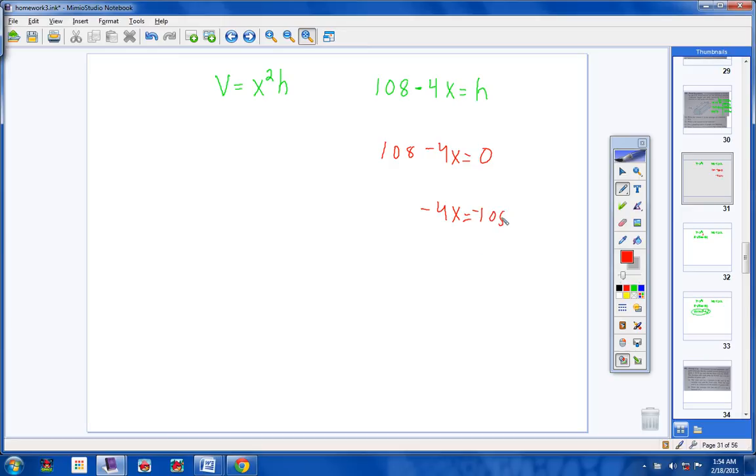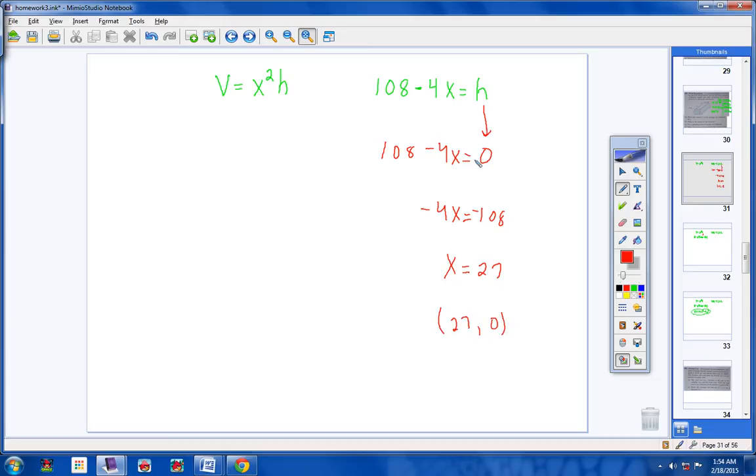Then divide both sides by negative 4, and I get 27. Now here's what that tells me, and please listen to me carefully, students. It tells me that if my x is 27, then my h is 0. That means if I put 27 in, I get 0 out.